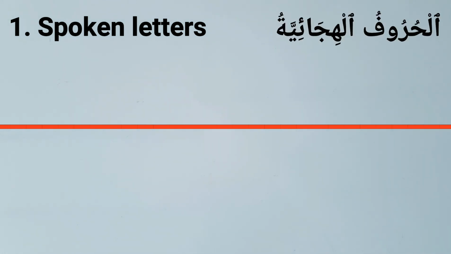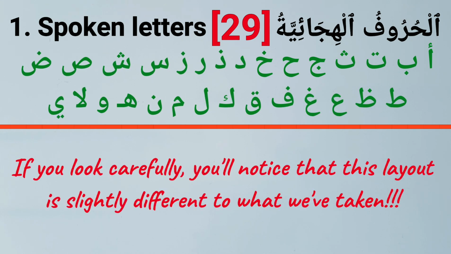This category is referred to as al-huruf al-hijaiyya, the alphabet letters, or the letters al-mantuqa, which are pronounced. This is category number 1, and it consists of 29 letters. These are the letters that we've studied, the 29 letters that we've taken, which we use in speech.